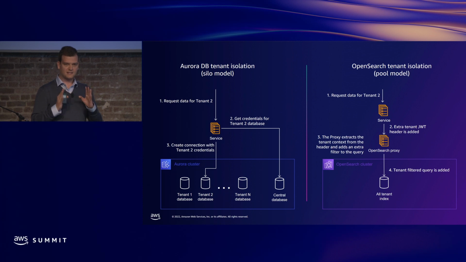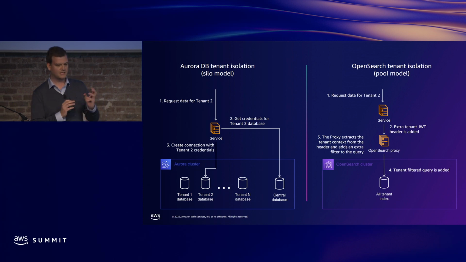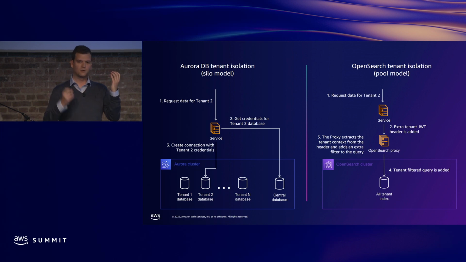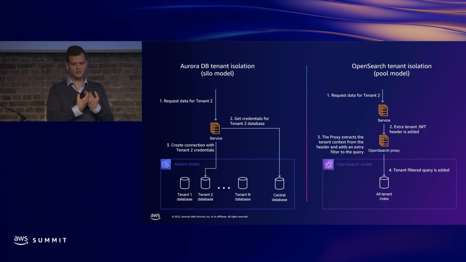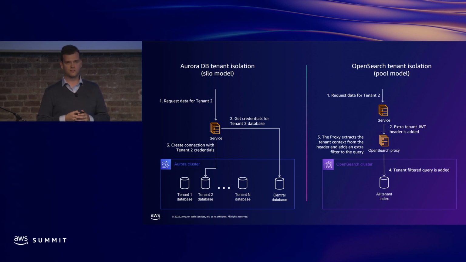If you want to access data for a particular tenant, you need to pass through a proxy. And that proxy takes an OpenSearch request, but also takes authorization. And using something like a JWT token for authorization, the proxy can extract that tenant context, modify the OpenSearch request to add an extra filter, and fire that off to OpenSearch to return with the results that you need.